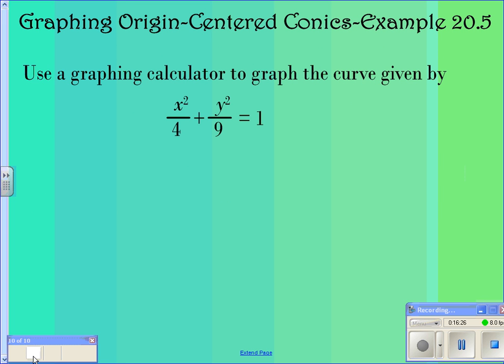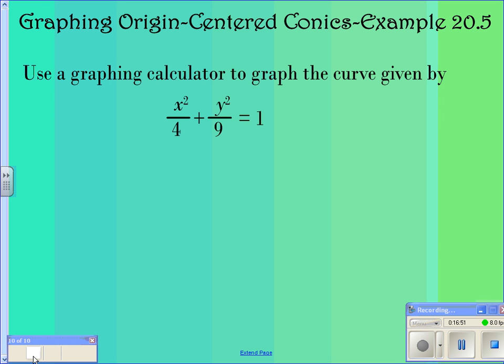Okay. All right, so let's look at this one. Here's an example. It's still centered at the origin, so it's still easier. What is this a picture of? Yeah, an ellipse. It's still centered at the origin because it has x squared and y squared, no numbers inside of x squared and y squared.